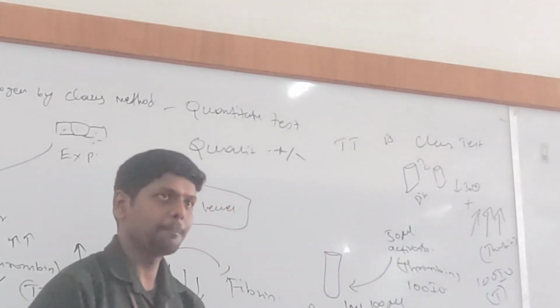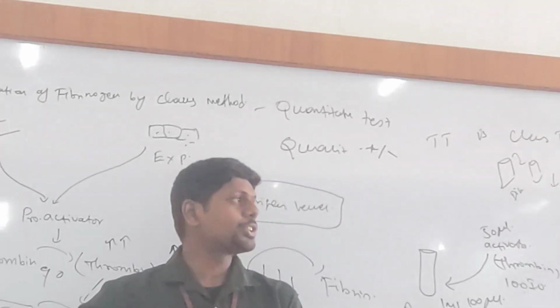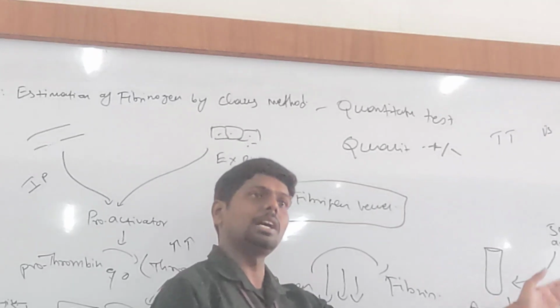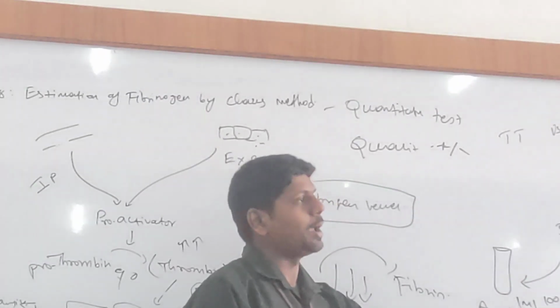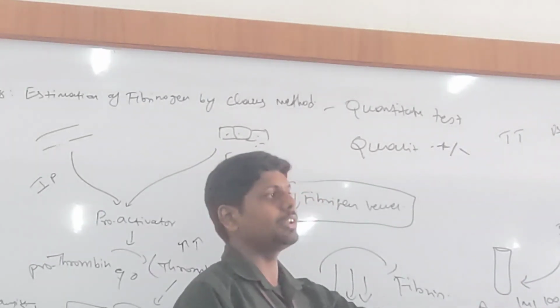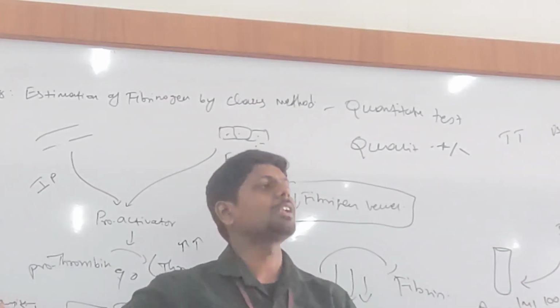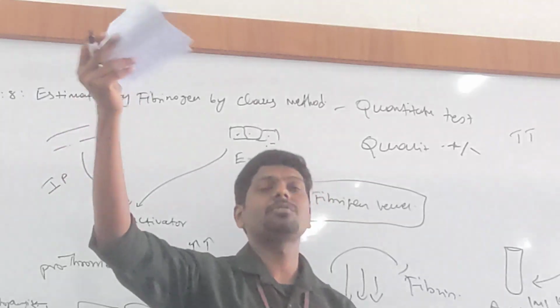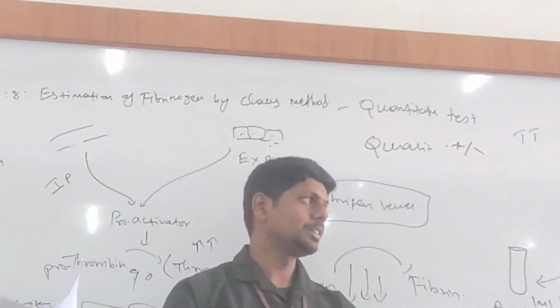Why? Inversely proportional. Very good. Now the fibrinogen levels will increase slowly because the utilization of fibrinogen reduced, so levels are increased, so TT will be reduced. Inversely proportional. That is what inversely proportional is. If this improves, that will reduce. If that is reduced, this will increase. Got my point?